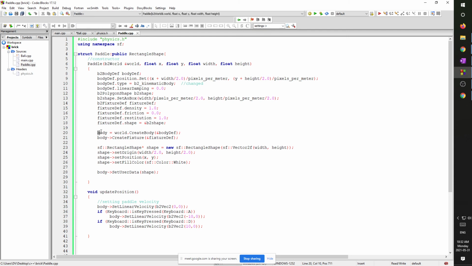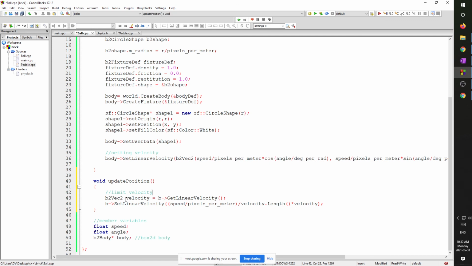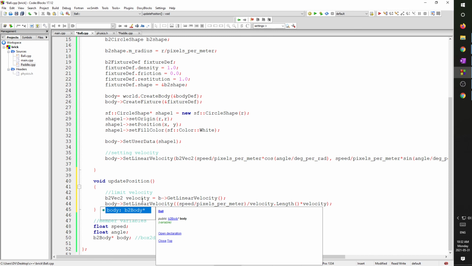But what I changed is this. I changed this to the word body, and this to the word body, and this to the word body, instead of res. I think I changed this too. A little change right there. Here I'll just write the word body, like that, instead of here.